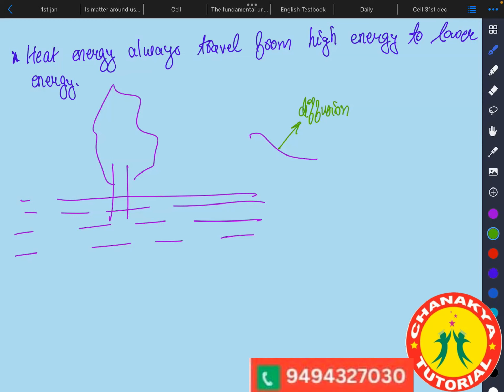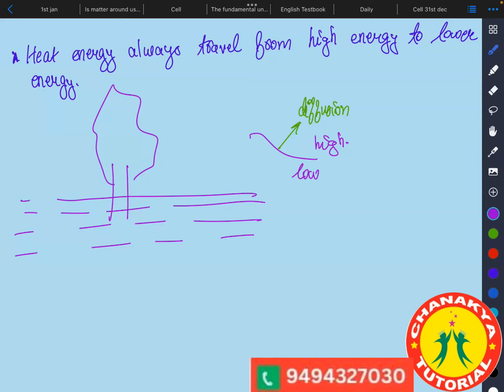There is always less concentration of water in the tree, because you can see that it is surrounded by water. There is this much huge water and the tree must have very low water, so it is a perfect condition for high concentration to low concentration. And whenever there is high concentration to low concentration, diffusion will happen.